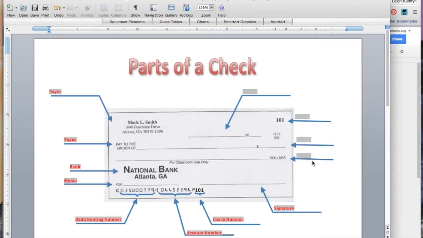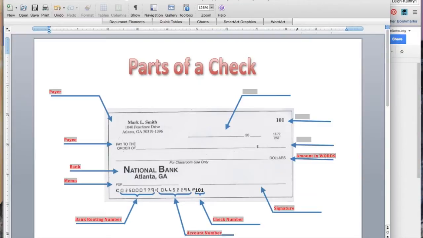Okay, coming around the corner here on our check, this arrow is pointing to this entire line that ends in the word dollars. When we write out a check, we have to tell it how much the check is worth. So this is the check amount. However, we write out the amount in words.